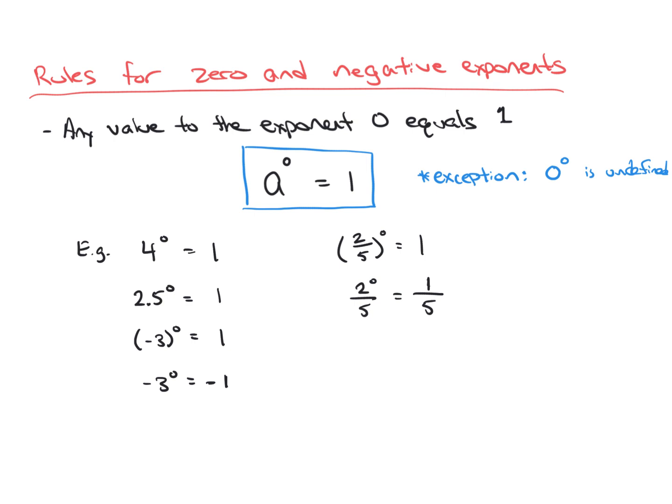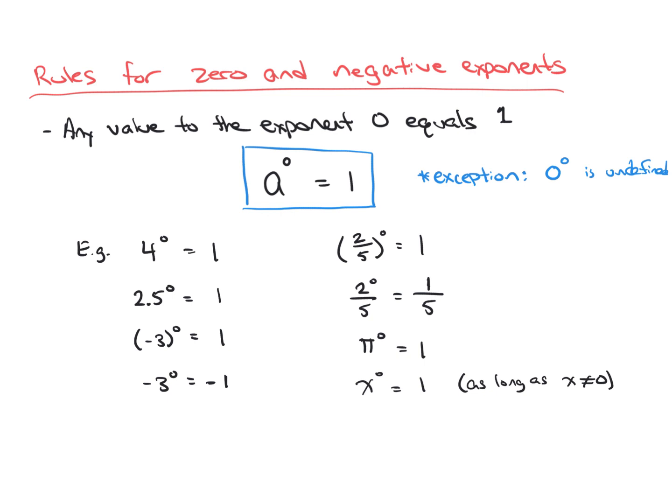You can have an irrational number like pi to the exponent of 0. You can check that on the calculator even. The answer is 1. And you can even have variables. Let's say x. x to the exponent of 0. The answer is also going to be 1, sort of, as long as x is not equal to 0.